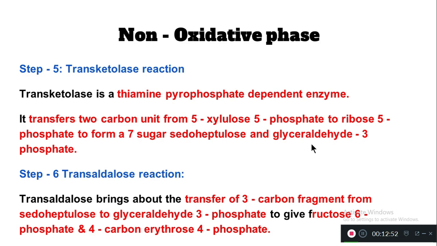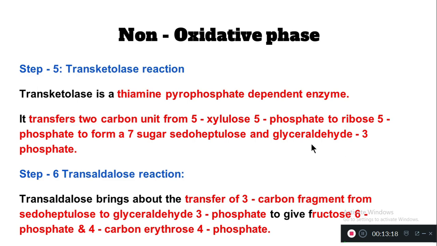Now, let's see step 6. Step 6 is the transaldolase reaction. Transaldolase brings about transfer of a 3 carbon fragment from sedoheptulose 7-phosphate to glyceraldehyde 3-phosphate.